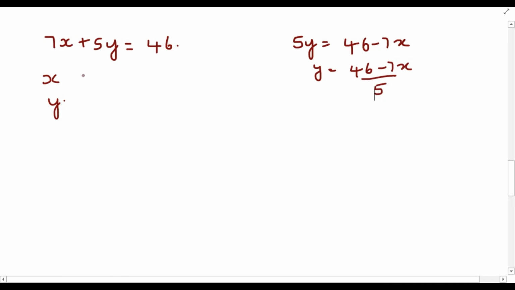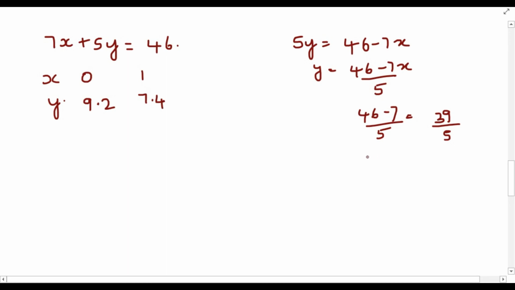So when X is 0, what will be the value of Y? 46 divided by 5, which is equal to 9.2. When X is 1, that is (46 minus 7) divided by 5, we have 39 divided by 5, which is equal to 7.8.